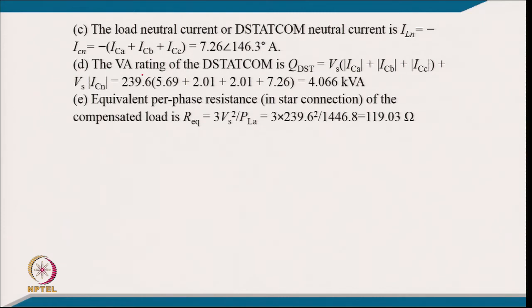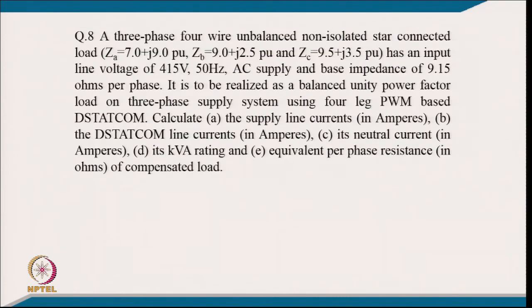So, voltage multiplied by all, and then it comes 4.06 kVA, and the equivalent per phase resistance of the equivalent star connected load is Re, 3 V square by PLA. So, 3 phase voltage square divided by the power, it comes 119.03. So, a single phase load is realized as a balanced load at unity power factor on the supply side in this example with the proper design and control.